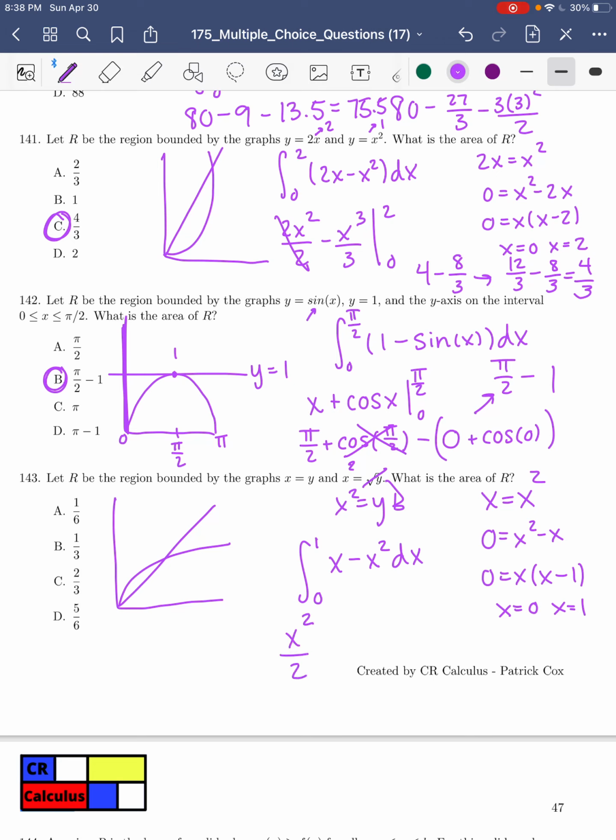So I take the antiderivative, I get x squared over 2 minus x cubed over 3, evaluated from 0 to 1. Plug it in, I'm going to get 1/2 minus 1/3. And then if I make common denominators here, I get 3/6 minus 2/6, should end up with 1/6, or A.